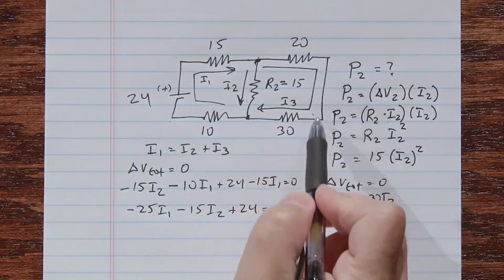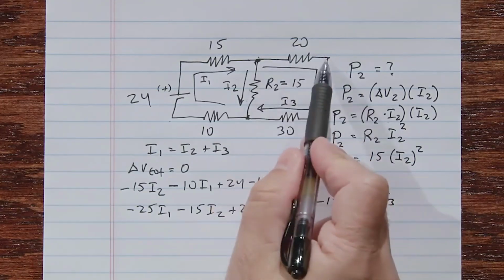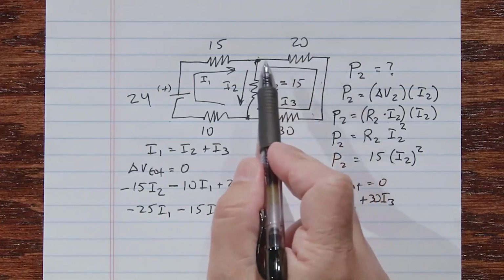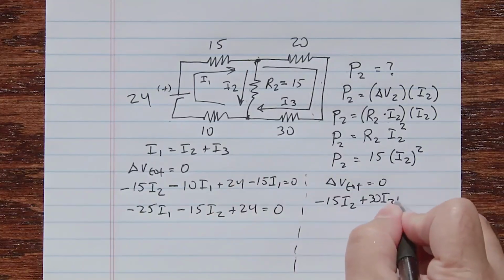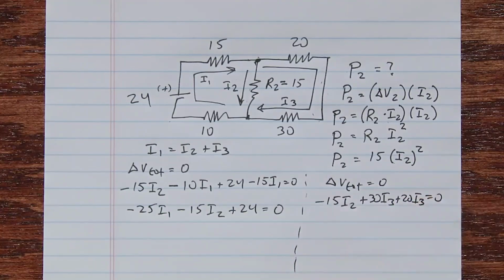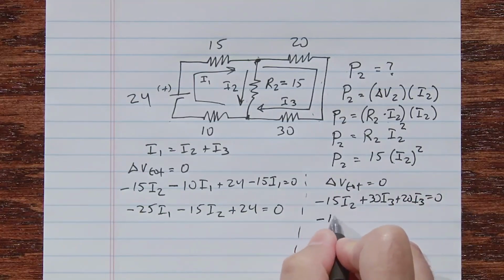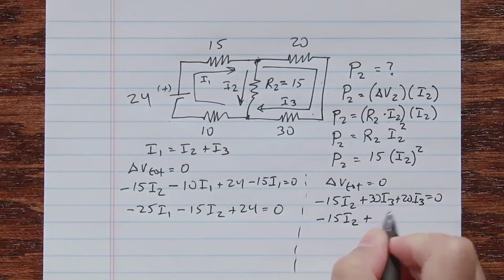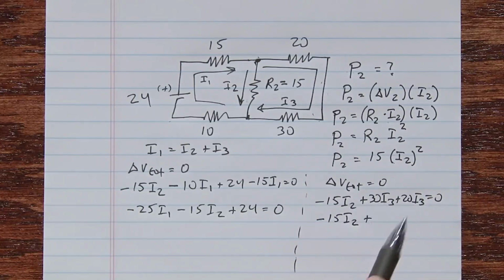And then once again, I'm going across this resistor against the current. I'm going against I3, so I'm going up in voltage. So it'd be plus 20 I3 is equal to 0. So once again, minus 15 I2 plus, we have 30 I3 and 20 I3.